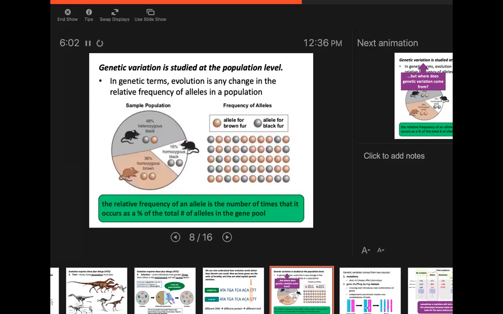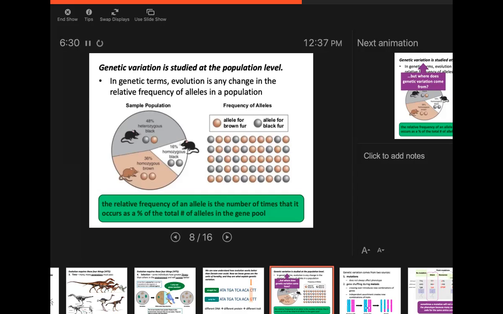So genetic variation is studied at the population level. And this is important, okay? So this brings back what I said at the very beginning, that populations are what evolve, not an individual. So in genetic terms, evolution is any change in the relative frequency of alleles in a population.